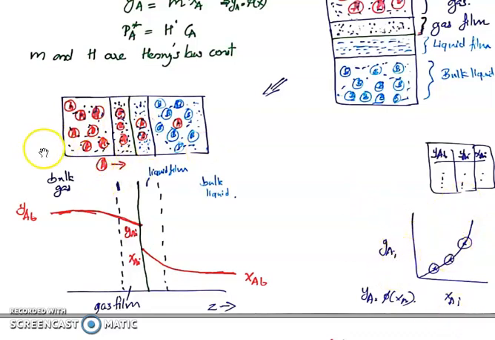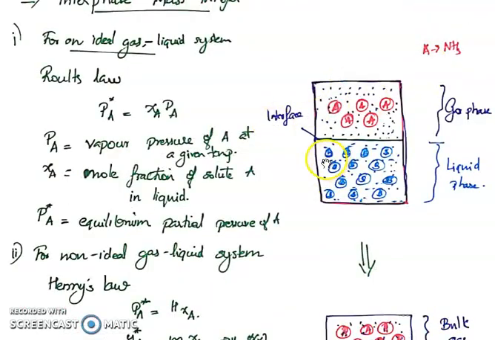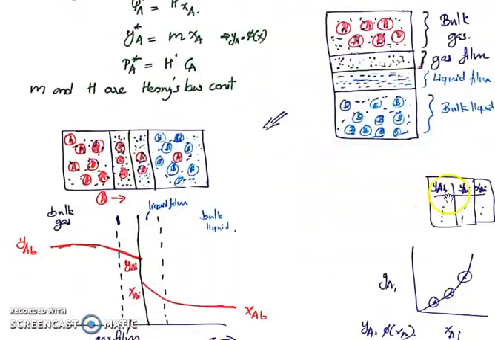For that I'll do one thing. I'll just vary the concentration of A, or vary the partial pressure of A in the gas phase, by adding different amounts of A into this system. Now by doing so, I can obtain different values of YAB. Correspondingly, I will have YAI, the interfacial concentration, and XAI.